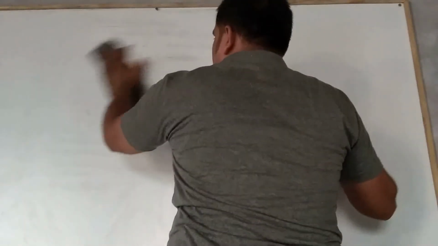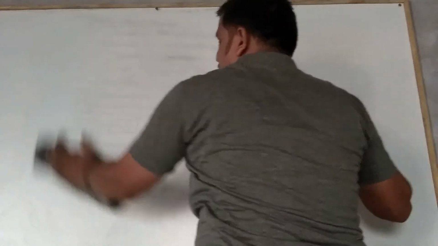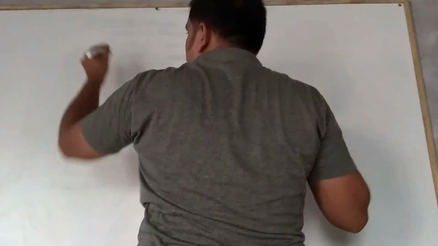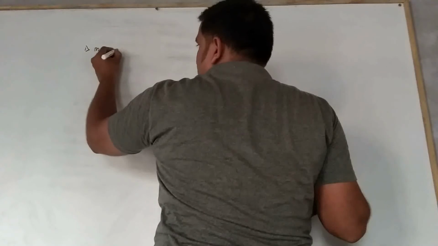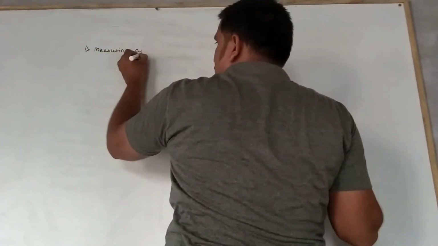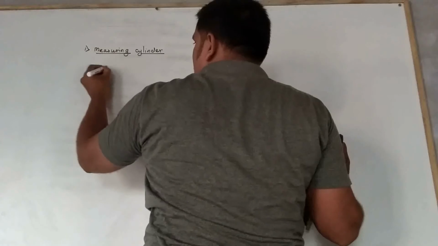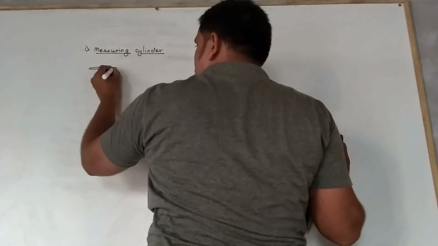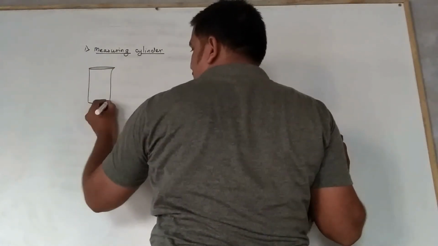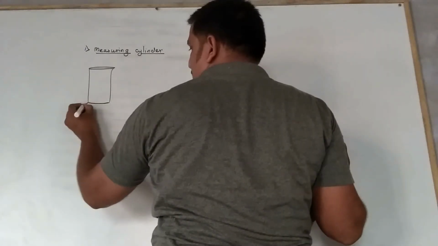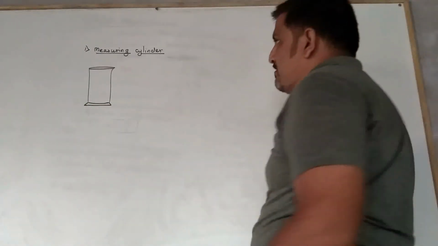So this apparatus gives us an idea about the volume of the substance. First is measuring cylinder. That you have already seen in your chemistry lab. This type of measuring cylinder, right?